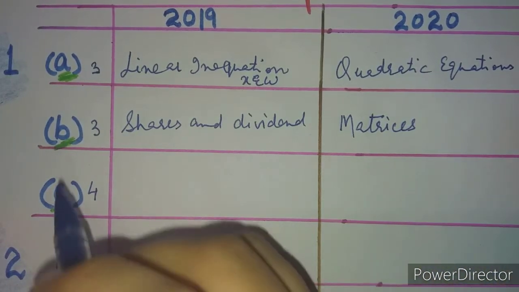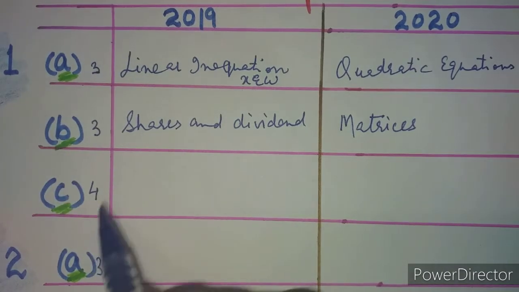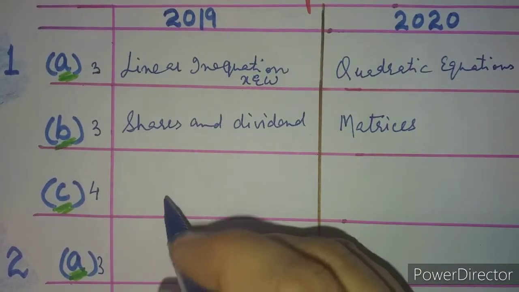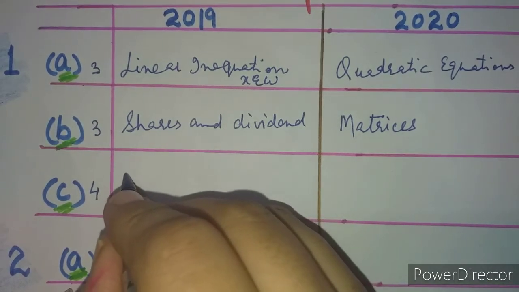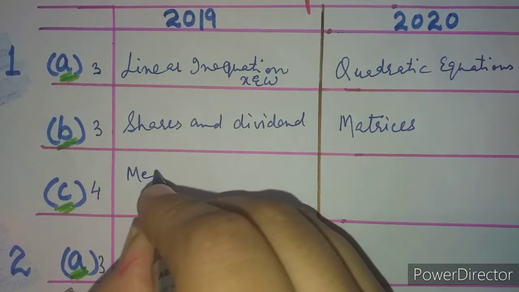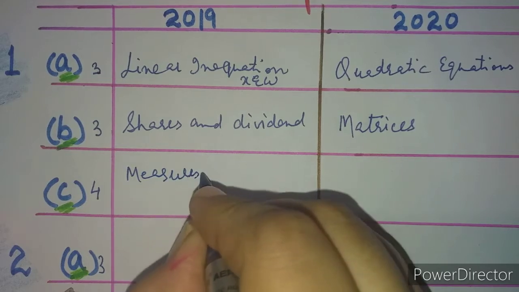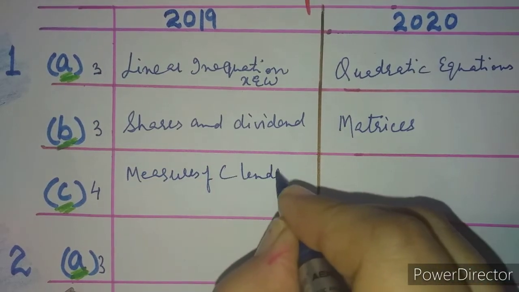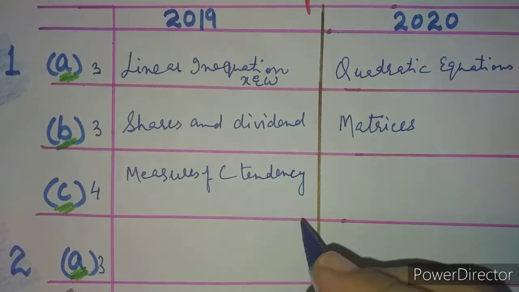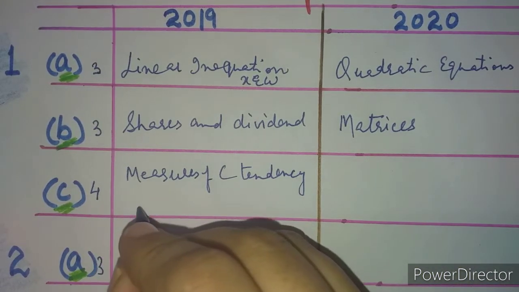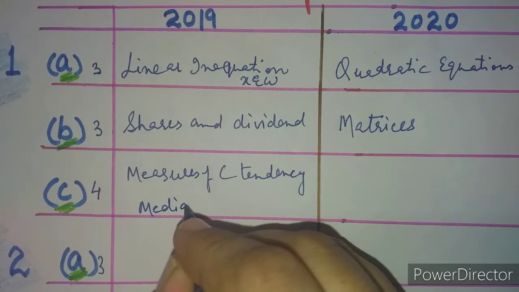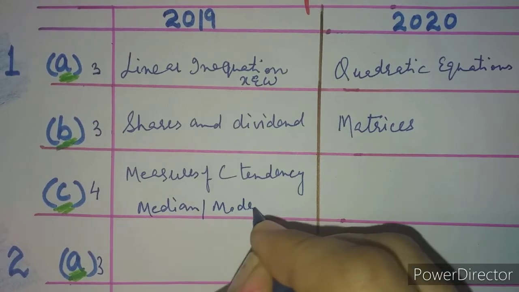Then question number 1 part C in 2019 was from the chapter of measures of central tendency. Now listen very carefully. This was a simple ungrouped data where you were supposed to find the median and mode of the same data.